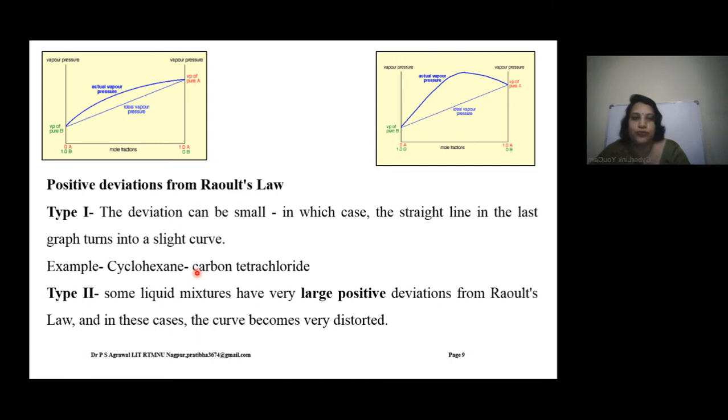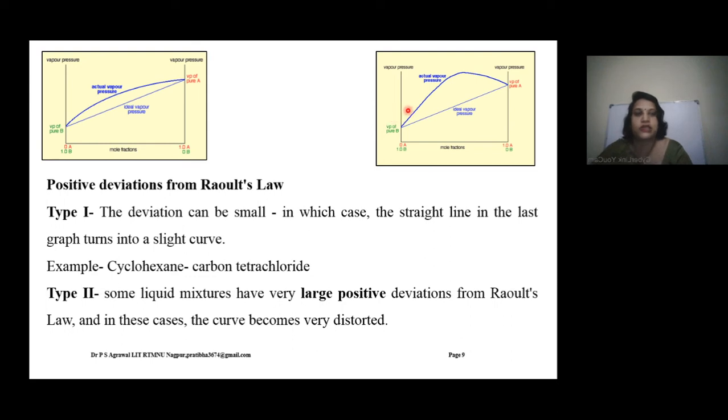Now type 2. Some liquid mixtures have very large deviation from Raoult's law and the curve becomes very much distorted. Over a range of composition, such mixtures have higher vapor pressure than that of the pure liquid. See the vapor pressure of pure liquid, and in this range the mixture is showing more vapor pressure than the vapor pressure of pure A. It is considerably greater than expected.